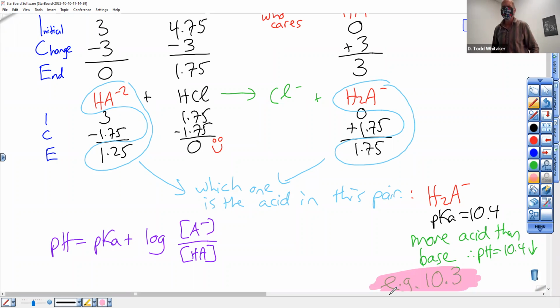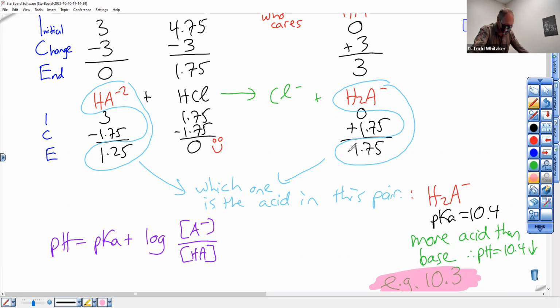Why below again? Remind me why it's below and not above. Because we have more acid than base. If I had a pKa of 10.4 and these numbers were reversed, 1.25 and 1.75, I'd say the answer is 10.5.